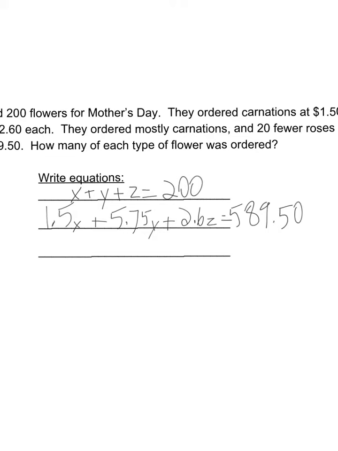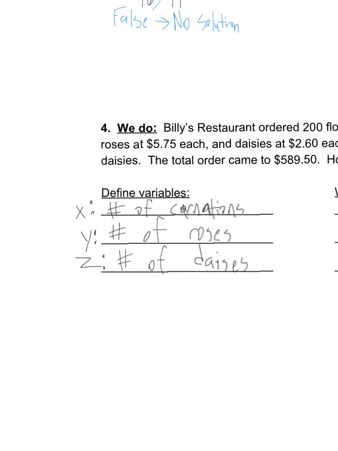And then this sentence here, they ordered mostly carnations and 20 fewer roses. That's the important part. 20 fewer roses than daisies. So you ordered less roses than daisies. So I'm not going to say roses minus 20 because I ordered less of them. So why would I want to take away 20 from what I already have less of?